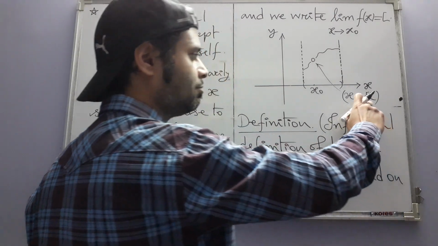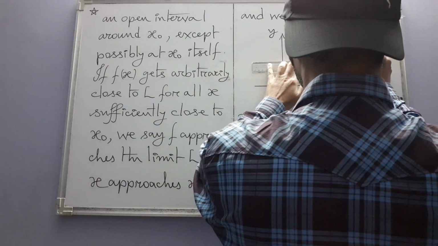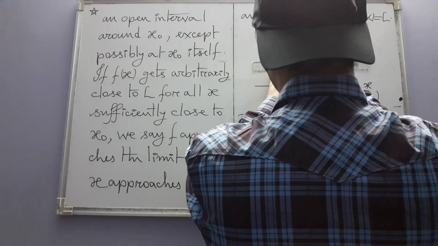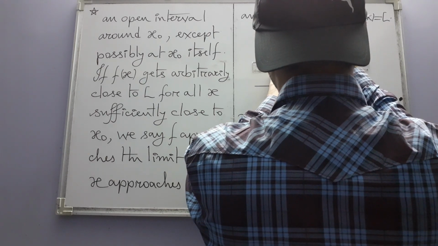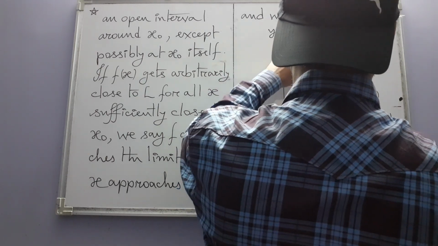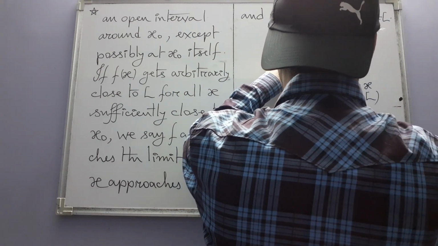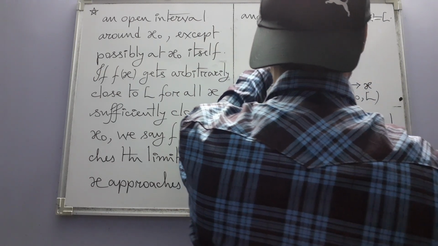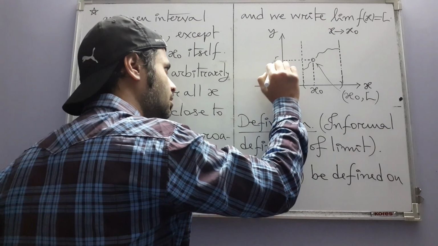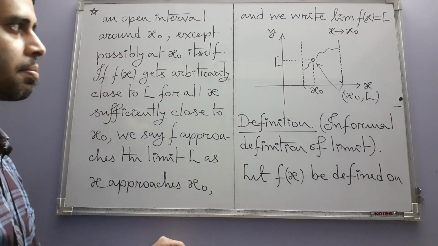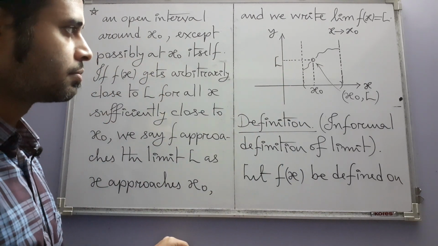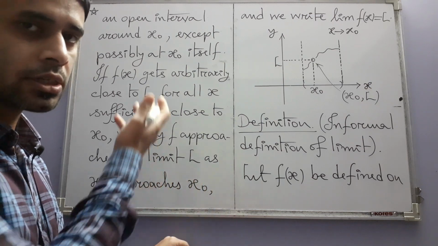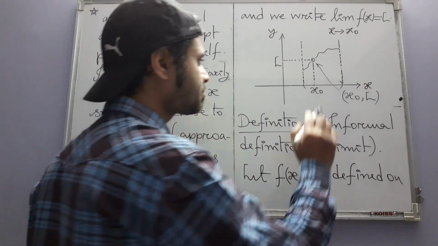Let that point have y coordinate L, that means this is L. So this is L, okay, and now you can see that the situation is just like the previous one.